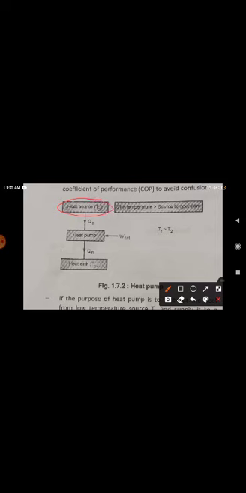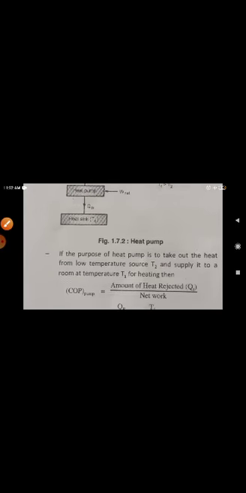We have to absorb the heat from this on account of supplied energy. The source temperature is lower, we give some work input, and it pumps this energy to a higher temperature level, that is the heat sink, which is at T1. You can see over here the sink temperature is greater than the source temperature. This is the source and this one is the sink.